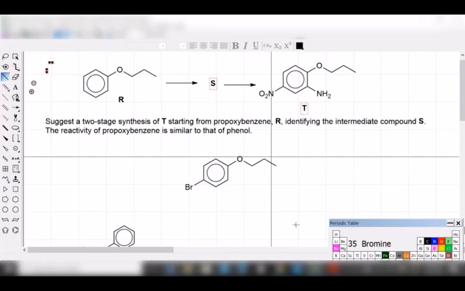Normally in this situation, you would expect the strongly donating group to dominate. That is why if you subject R to bromination conditions, you will get the 2,4,6 product quite easily, like this.